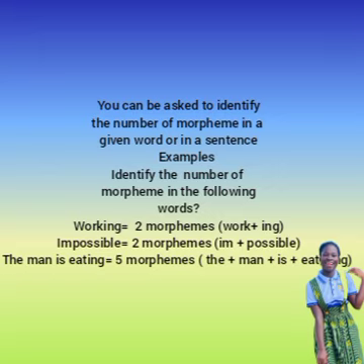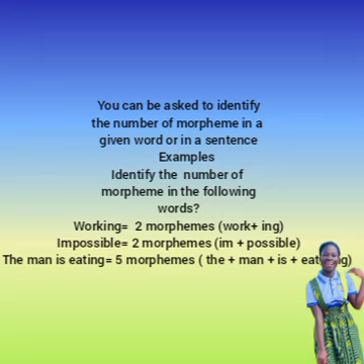You can be asked to identify the number of morphemes in a given word or in a sentence. So let's look at these examples. Identify the number of morphemes in the following words. Working. It is having two morphemes. That is work and then ing. Impossible.